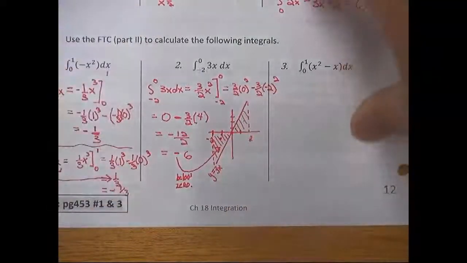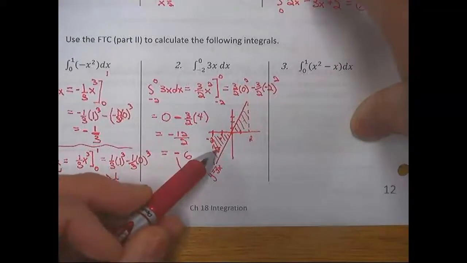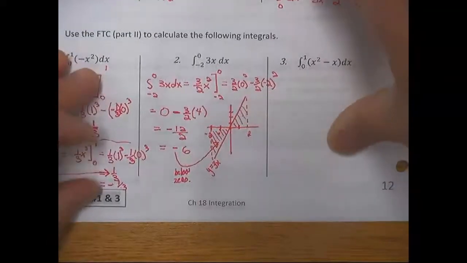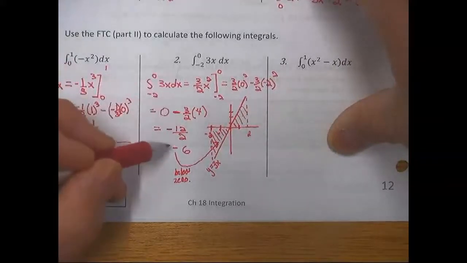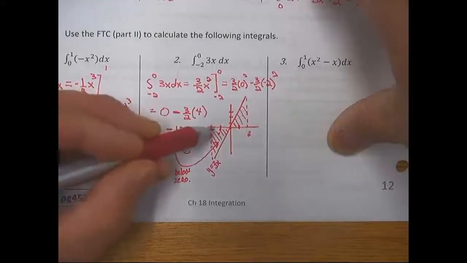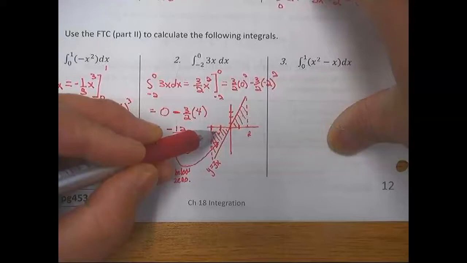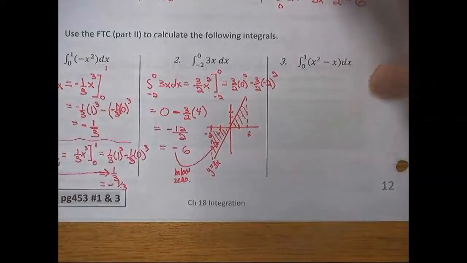The point I was trying to make is you can't have negative area. I don't live in a house that's negative 2,000 square feet. It doesn't make sense. So this negative just represents an area that is below the x-axis. Okay, all right.